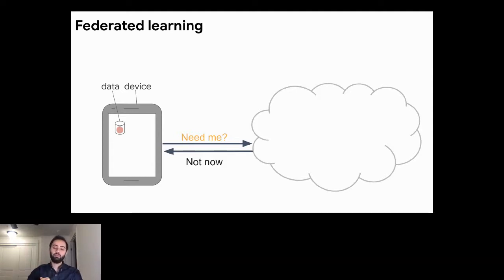Come back later. And every once in a while, the server responds to a number of devices, thousands of devices, I'll give you some metrics in a bit, and says, yes, I need you. I have a computation for you. And so once the server responds to the ping by saying, yes, I have a computation for you, that's when the actual training process starts for this device.